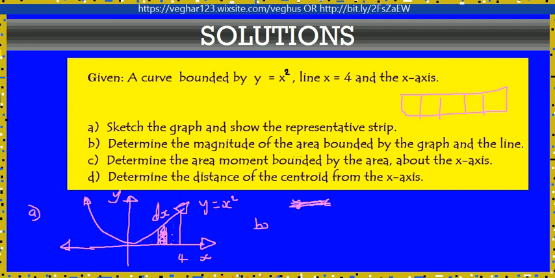So let's do number B. Determine the magnitude of the area bounded by the graph. So an area is, because your strip is already in dx, your limit is 0 to 4.